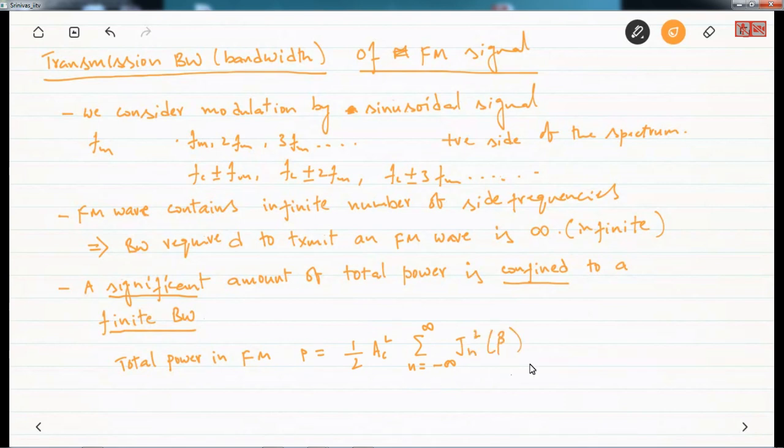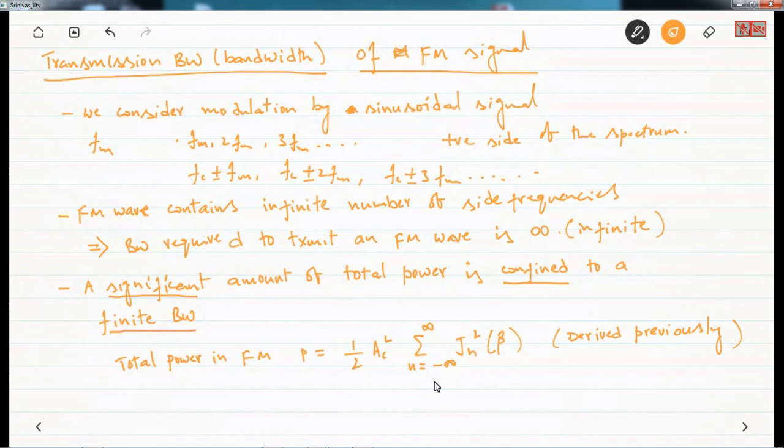This is what we derived in the last class, right? Check your notes.